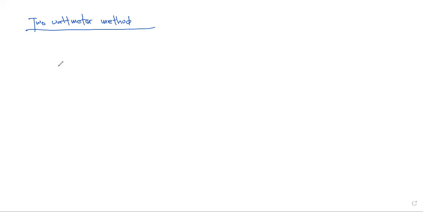So assuming that we have here a balanced load, or how do we, by the way, how do we arrange the two wattmeters in order for it to indicate the total power drawn with the circuit? So now the two wattmeter method will be configured in any of three scenarios.